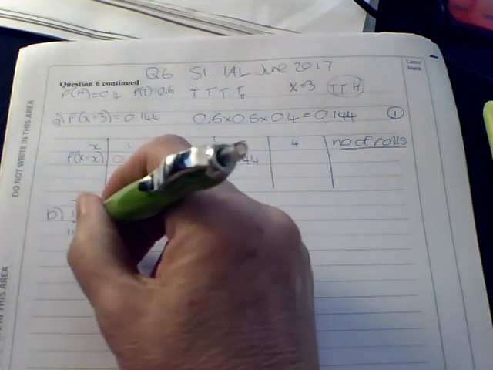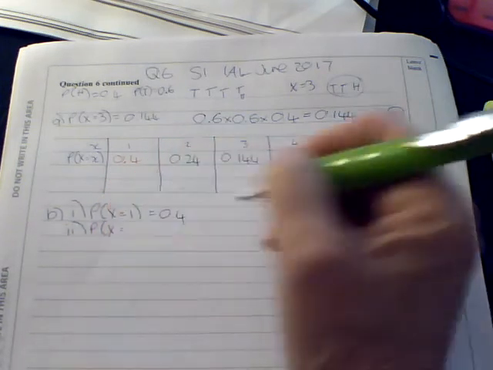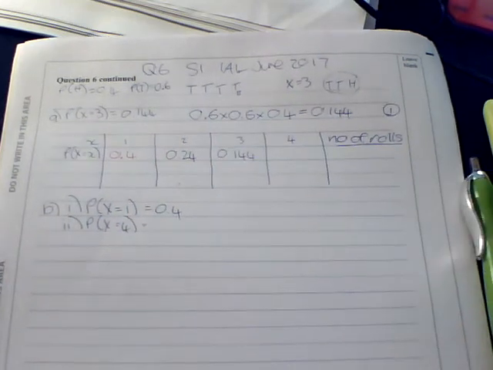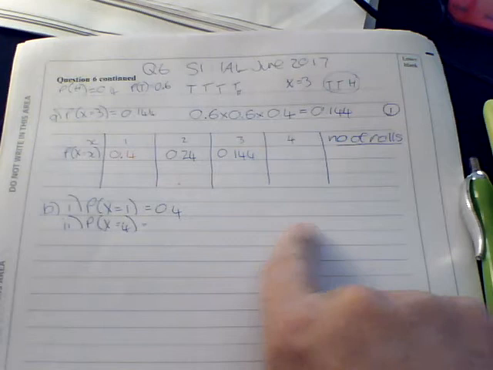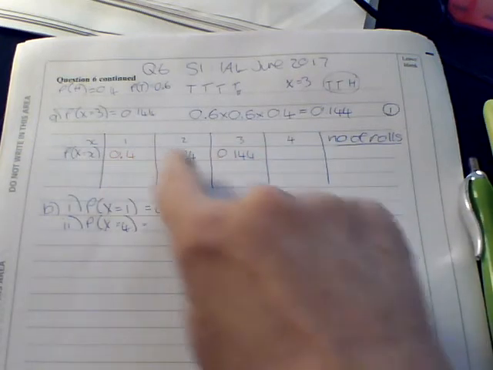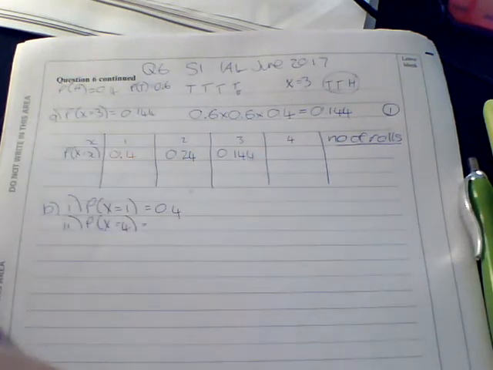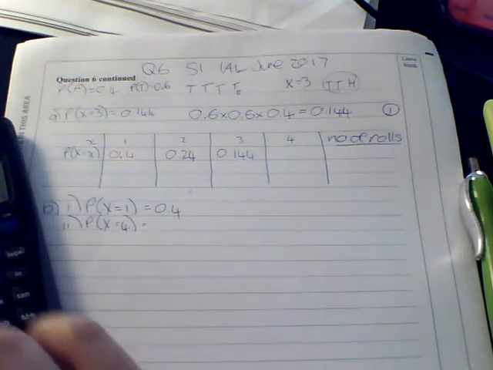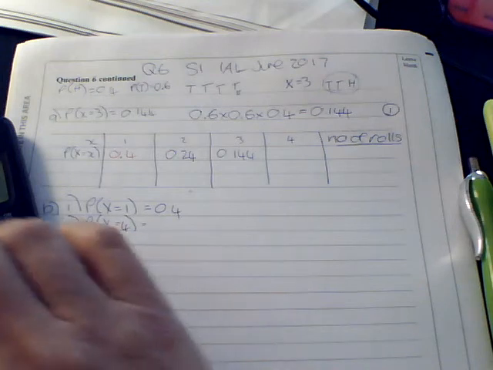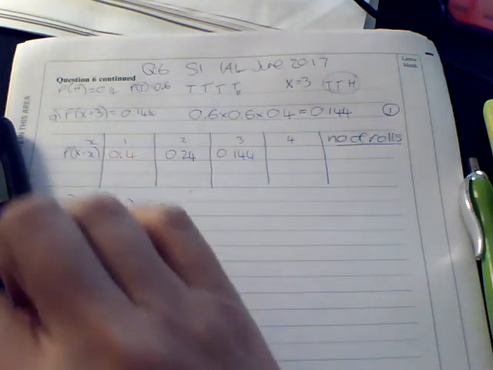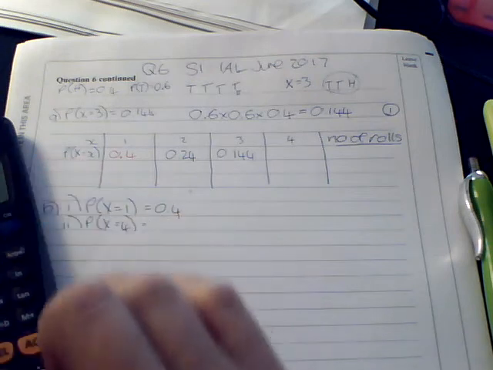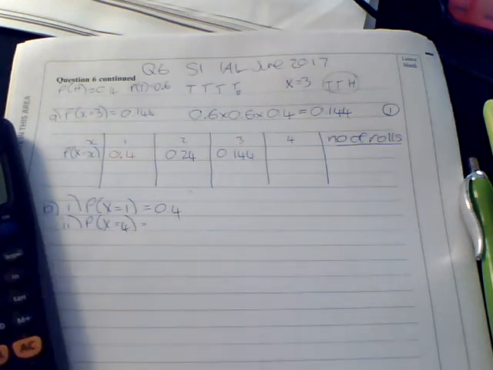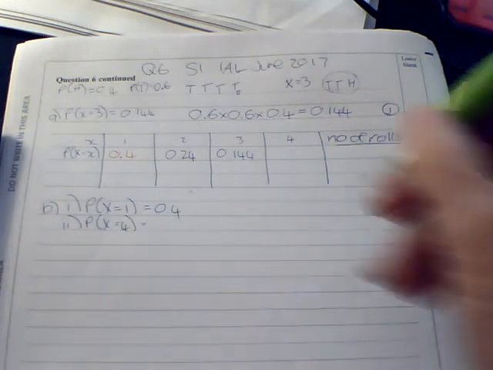find the probability that x equals, we've only got one missing, so it's going to be that. It doesn't say we need to show the calculations, so we can basically just take all of these away from 1, can't we? So let's do that. 1 minus, in brackets, 0.4 plus 0.24 plus 0.144, which gives 0.216.